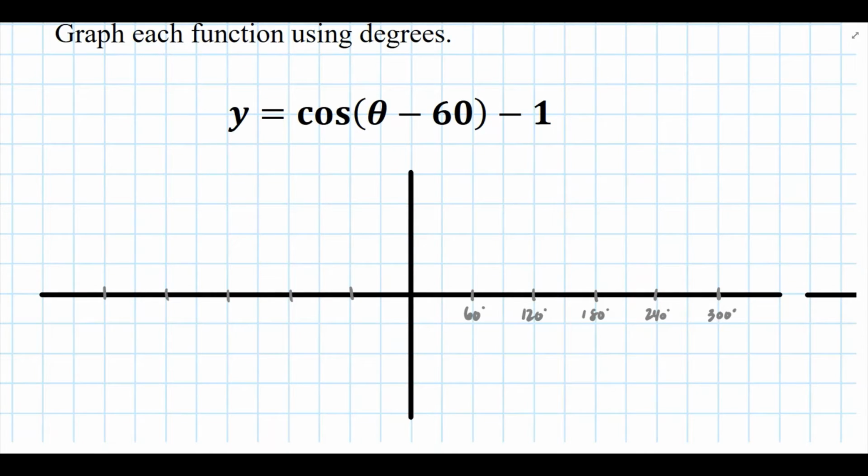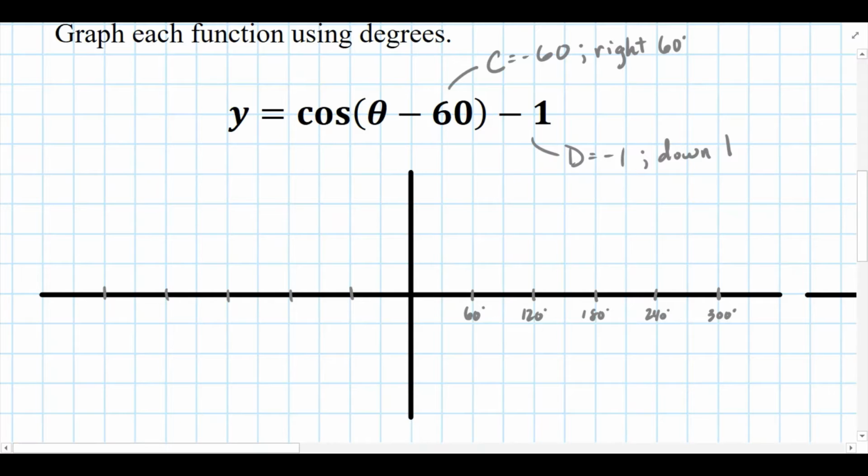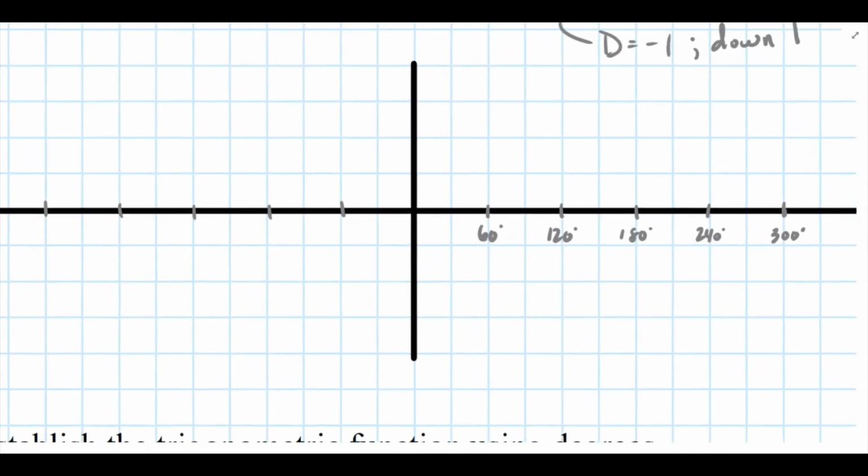With a C value of -60 and a D value of -1, I know the graph is shifted to the right 60 degrees and down 1 unit. We can lightly sketch a new origin and a set of axes here.